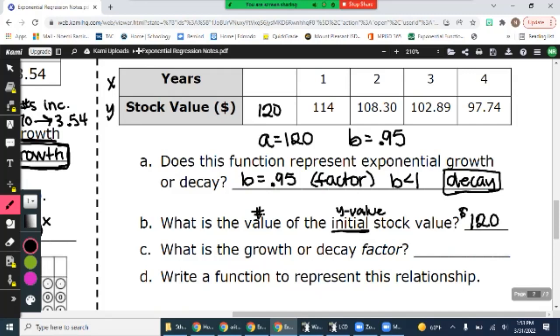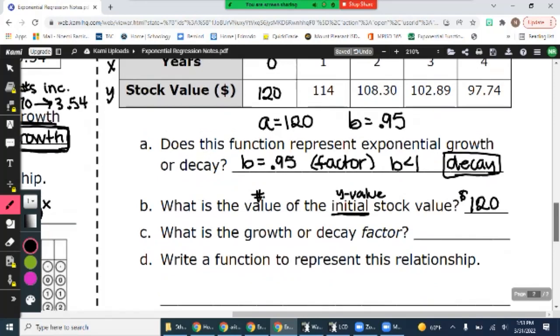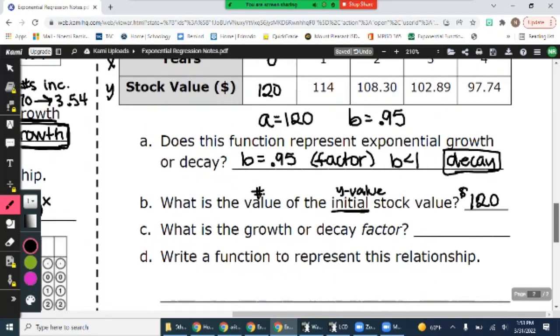So let's say I bought part of the company for $120. That's my zero. Now, what is the factor? The factor is the number in the parentheses. So my factor is 0.95. That is my value of B.